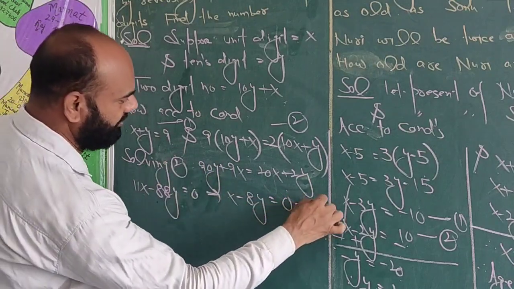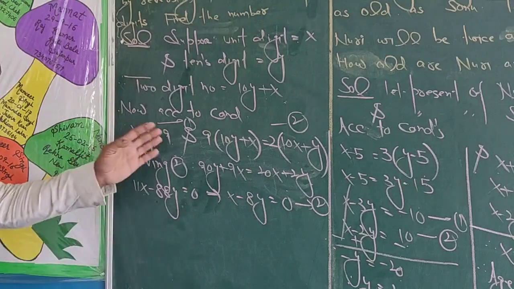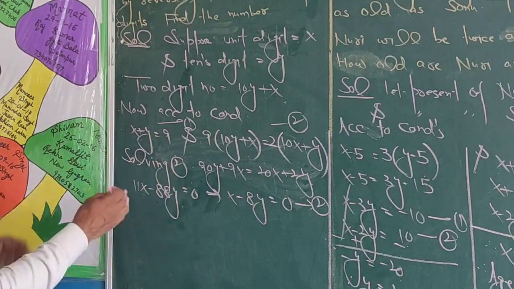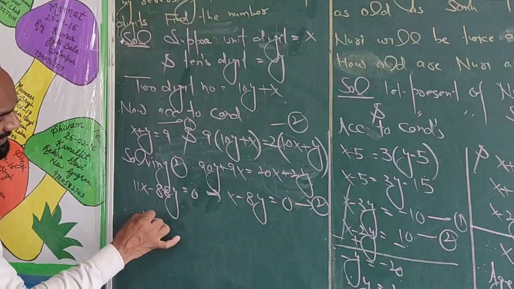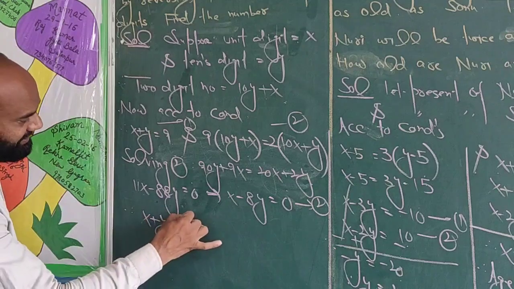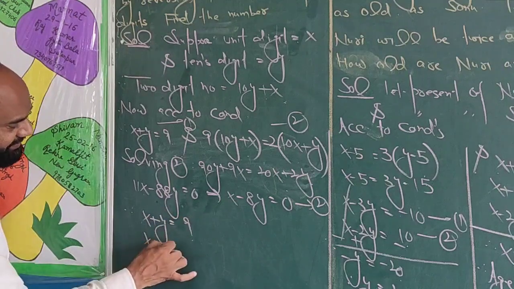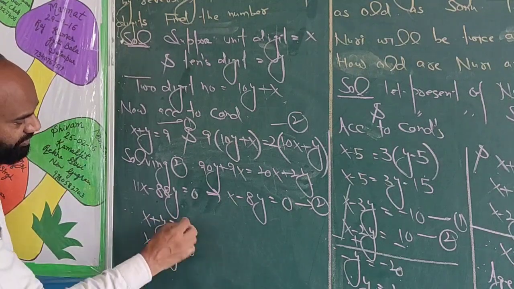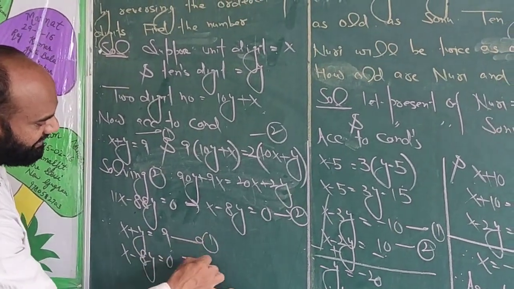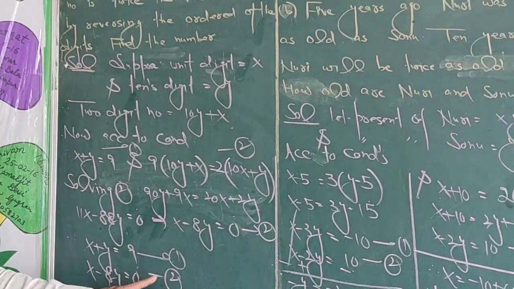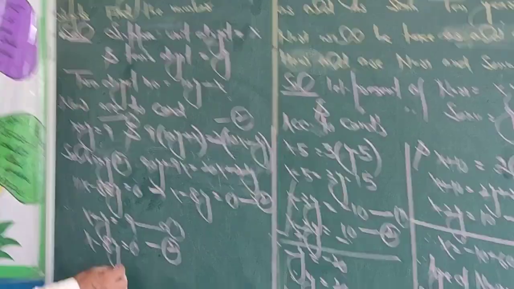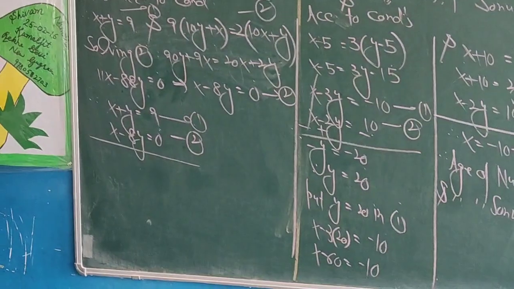Now we write these two equations in a closed way. So x plus y is equal to 9 and x minus 8y is equal to 0. This is equation number 1 and this is equation number 2. Now we solve it by the elimination method.